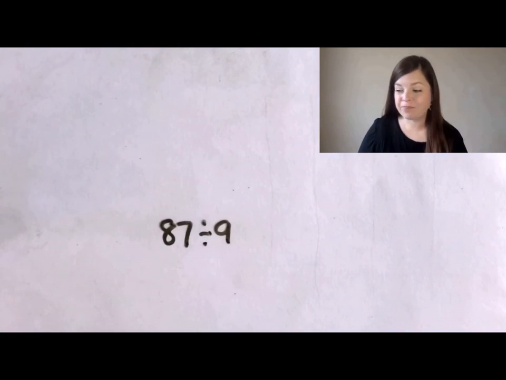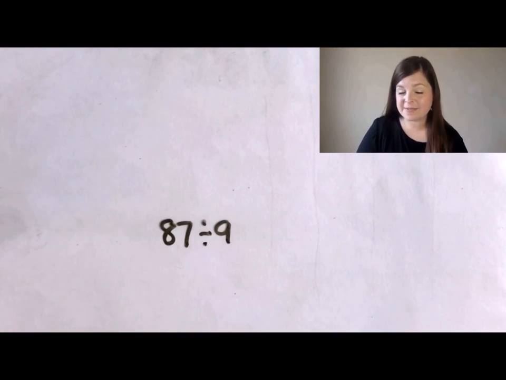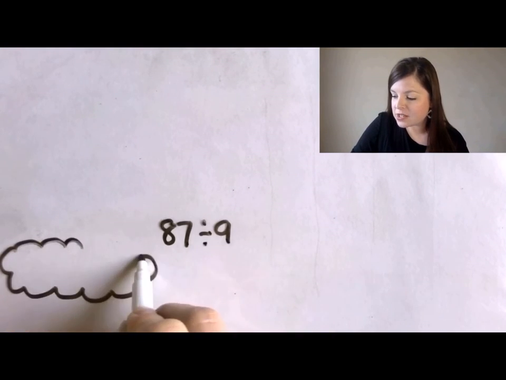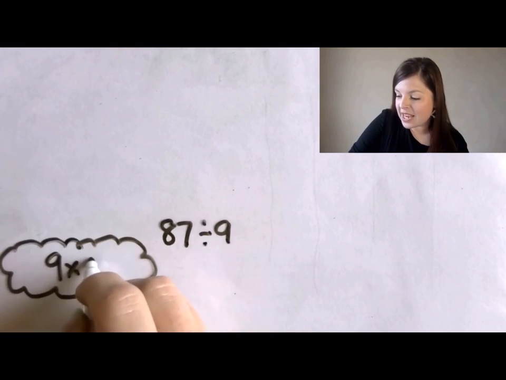Let's try another one. 87 divided by 9. Think about your 9's facts. What 9's fact would give us a product that's close to 87, but not more than 87? 9 times 9 equals 81.